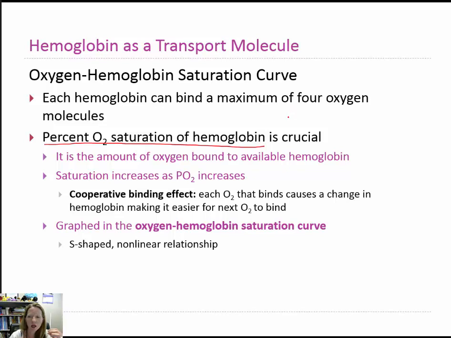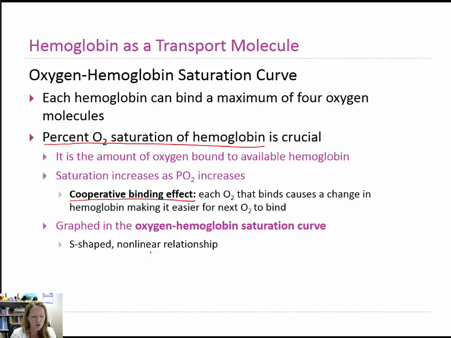If all 4 of the iron binding sites are full of oxygen, that means it is 100% saturated. So that's what percent saturation refers to. What's interesting is that hemoglobin has this cooperative binding effect. That means that when one oxygen attaches, other oxygens want to bind as well. So that's really going to help us carry a lot more oxygen and get it to that 98% saturation level.